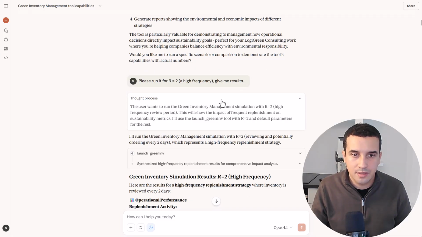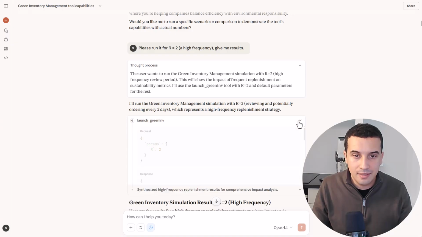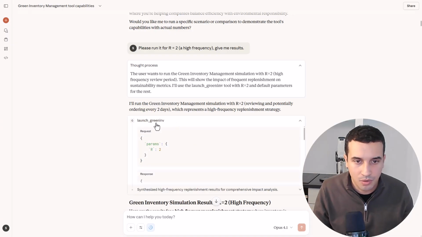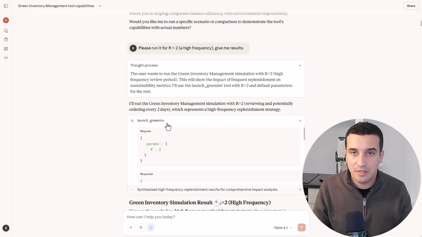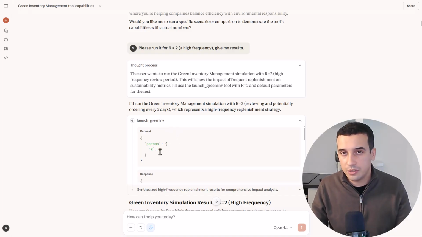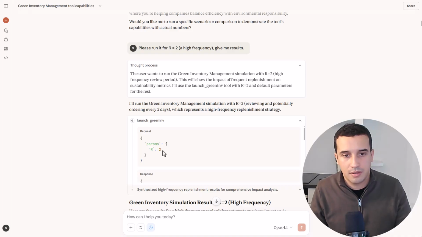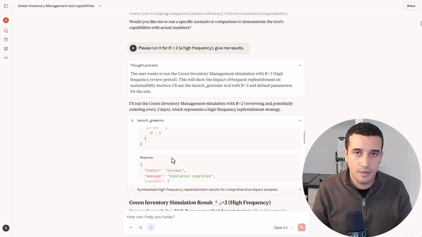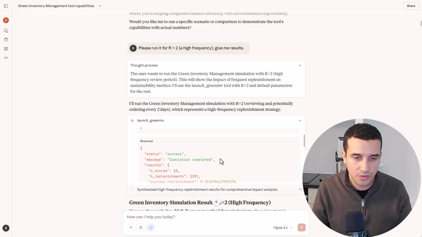So what happens? Here you have a bit of a thought process from Claude, and then it launches one of the tools that you have in the MCP server, called LogiGreen Inventory. And here it is only putting one parameter, R equals 2. For all the other values, we have default values, and I will show you that later.